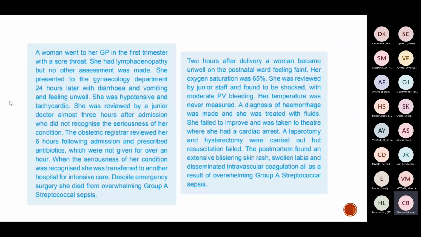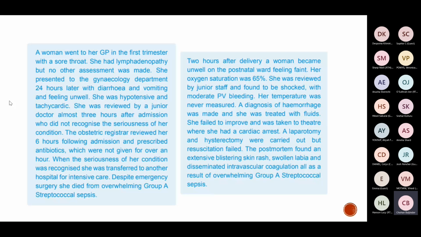She then presented to the gynae department 24 hours later with a DNV and feeling unwell, found to be hypotensive and tachycardic. She was reviewed by a junior doctor three hours after admission, who didn't recognise the seriousness of her condition. The obstetric registrar then reviewed six hours later and gave her some antibiotics, which weren't given for over an hour. When everyone finally realised how sick she was and she was transferred to ITU, she died from overwhelming group A sepsis a short time after she was delivered.